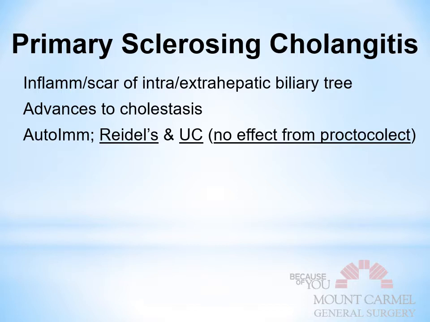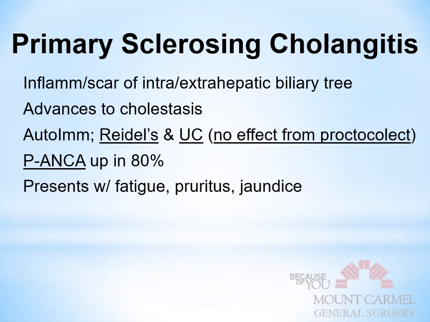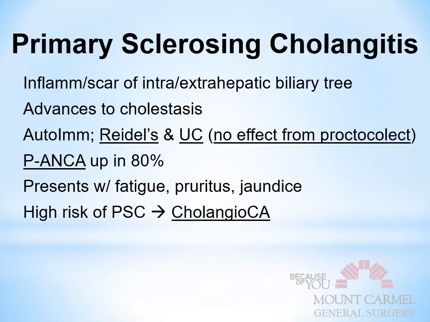Notably, there's no effect, so even if you do a proctocolectomy on a patient and they have no evidence of biliary disease, years later they still remain at a much higher risk of having primary sclerosing cholangitis. The P-ANCA protein is elevated in up to 80% of folks. There's fatigue, pruritus, and jaundice. High risk of conversion to cholangiocarcinoma.